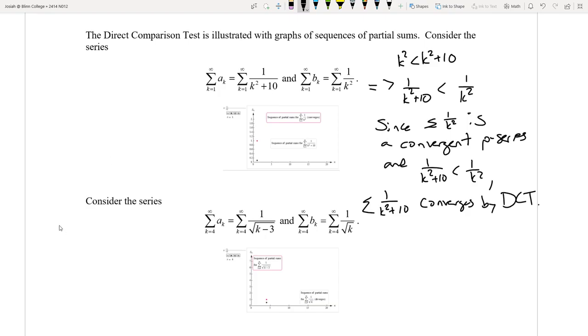We know that k minus 3 is less than k. So the square root of k minus 3 is less than the square root of k. And we divide again: 1 over root k is less than 1 over root k minus 3. This guy diverges, so this guy must as well.